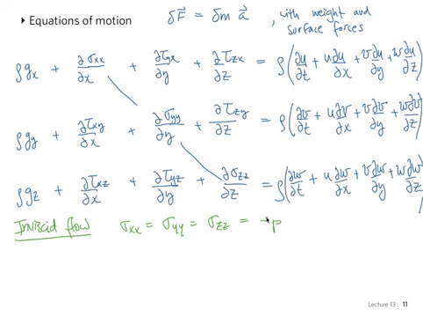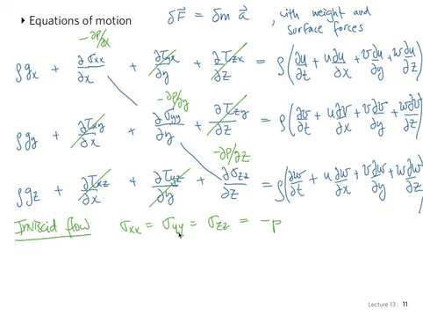It's compressive, right? And so we can write the equations for the case of the inviscid flow by making all of these 0. These are going to be 0 in an inviscid flow, and this one is going to be minus dp/dx, this one is going to be minus dp/dy, and this one is going to be minus dp/dz.